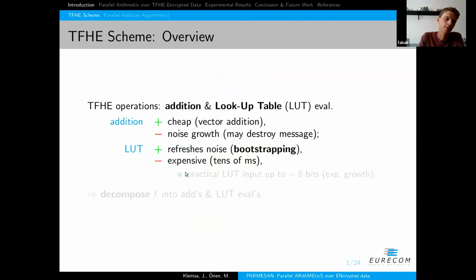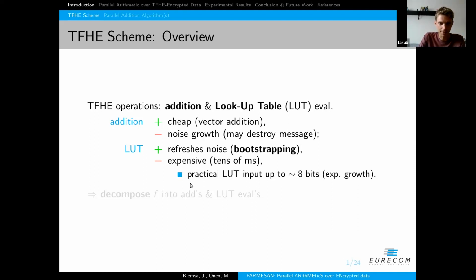The other is lookup table evaluation, which on the one hand refreshes the noise to a certain fixed level, so it doesn't destroy the message. We can keep on doing the additions, and this procedure to refresh the noise is also known as bootstrapping. But it's a bit more expensive. It might take tens of milliseconds on an ordinary CPU.